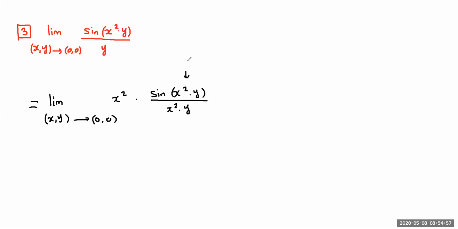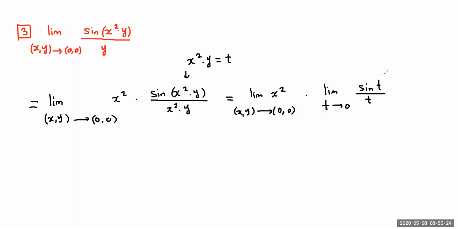Now here, let's suppose x²y equal a new variable t. Okay, so I have two limits. The limit of x² when (x, y) approaches (0, 0), times the limit of sin t over t. When (x, y) approaches (0, 0), then t approaches 0. So this limit is 1 times this limit is 0. So the final answer is 0.